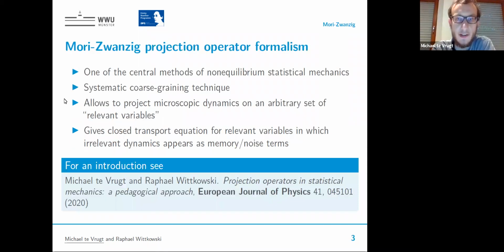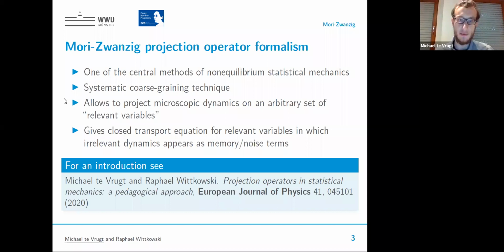I'll start by explaining what the Mori Zwanzig formalism is. It's a method from non-equilibrium statistical mechanics, actually one of its central ones, and provides a coarse graining method. So the general idea is that all the observables describing a system form a Hilbert space, and the observables that you're interested in form a subspace, and then you can introduce a projection operator that projects the complete microscopic dynamics that you're not interested in onto the subdynamics of a set of so-called relevant variables that you can, in principle, choose whatever you want for.